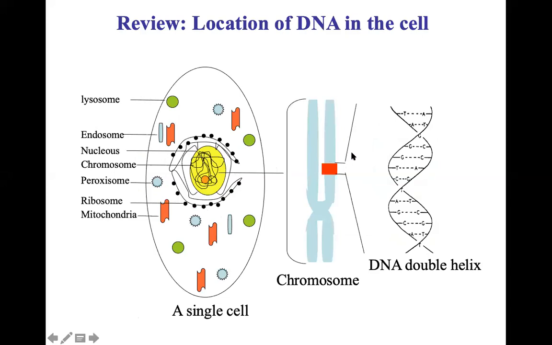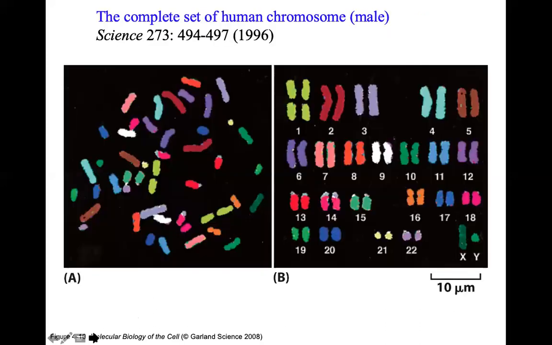And now this is the final review. You can see the DNA double helical structure present in the chromosome, and the chromosome is located in the nucleus of the cell. Do you know how many chromosomes are present in humans? 23 pairs, and only one pair is the sex chromosome, but 22 pairs are non-sex chromosomes.